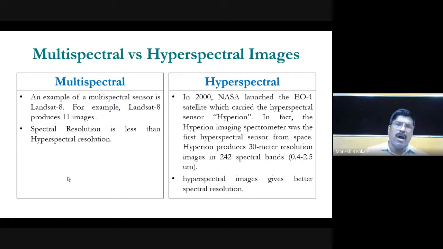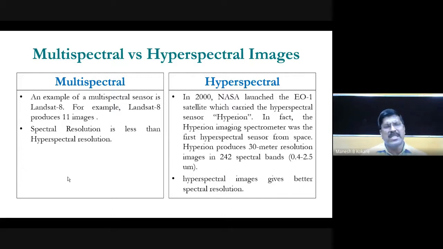Now we'll see how to detect edges in multispectral images. Can we extend the edge detection techniques studied for grayscale or binary images to multispectral images, or is there a different approach for detecting the edges?